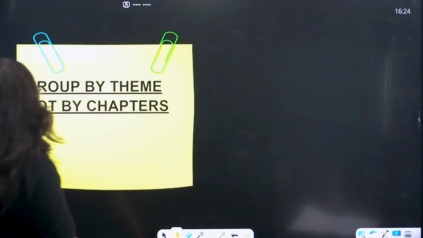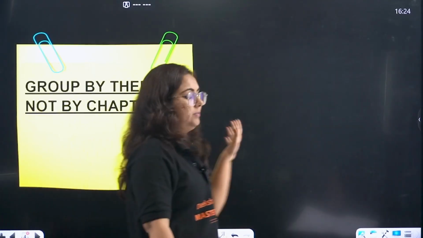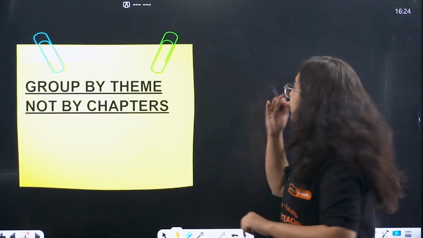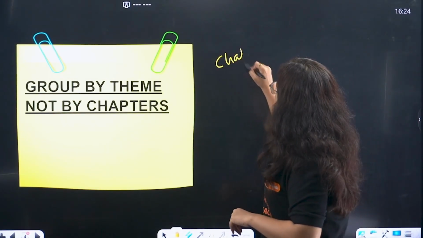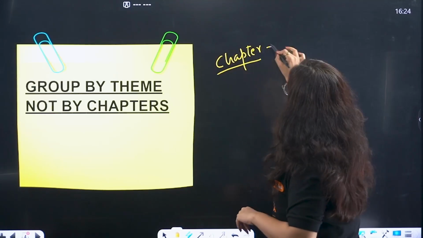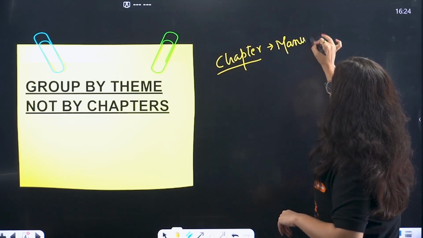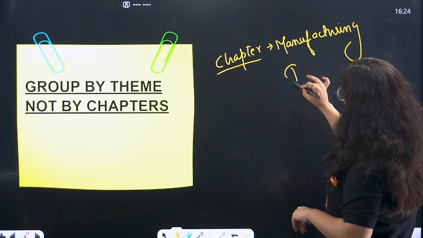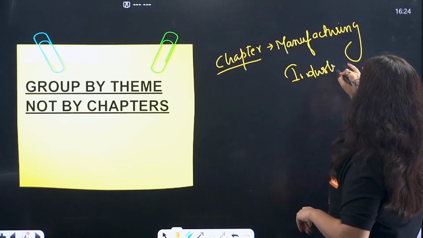The next one is group by theme, not by chapters. This is a very important thing. I have a chapter in geography that is manufacturing industries, and a lot of map work is going to come from that chapter.